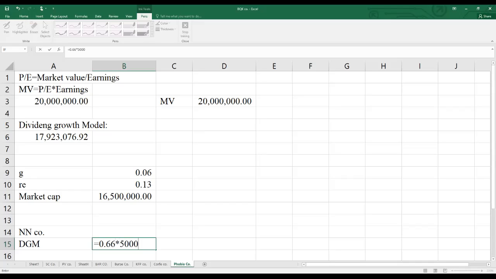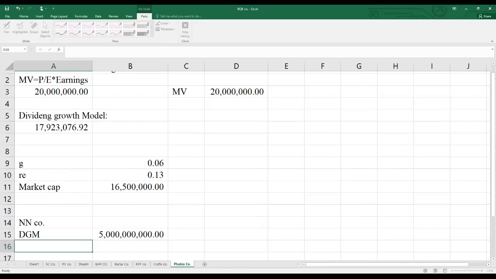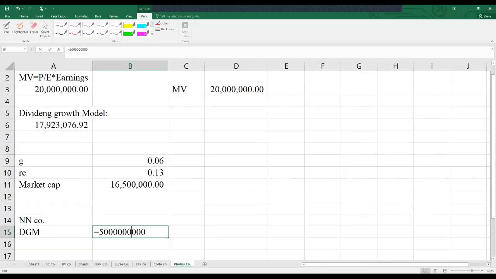So 50 million divided by the nominal value per share, 0.5, gives the number of shares. We multiply by the dividend per share, 0.66, to get the total dividend.